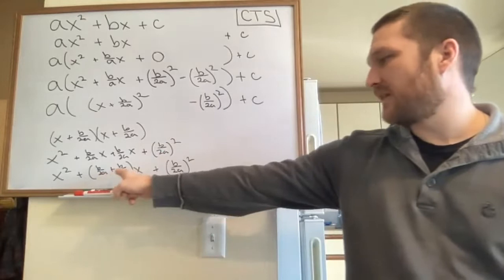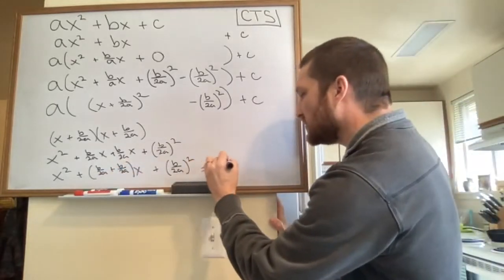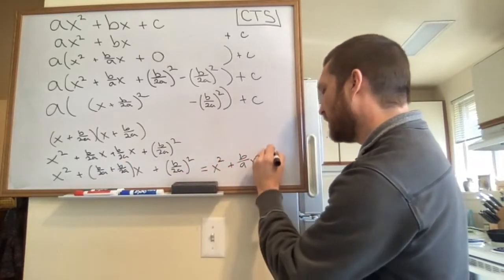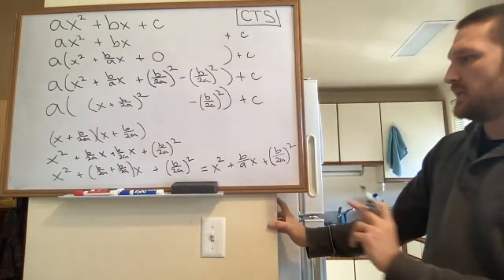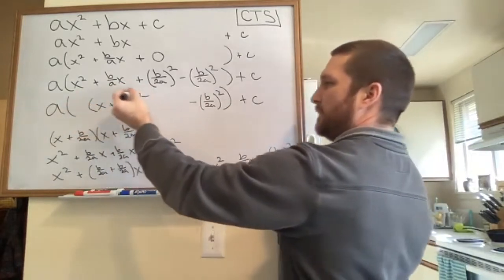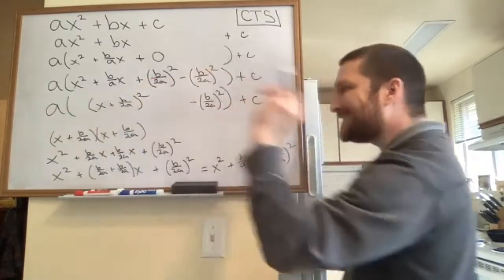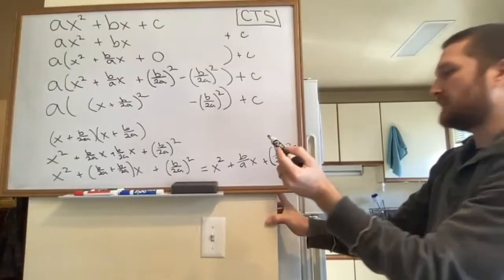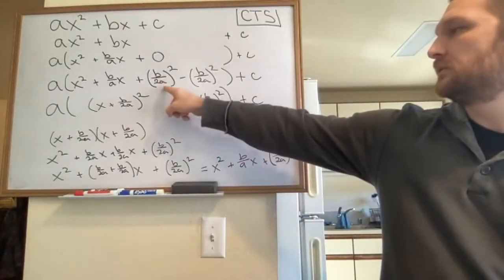A half of something plus a half of something is 1 of something. This works out to b over a x plus b over 2a squared. And yes, so this thing right there, that x plus b over 2a quantity squared, is the same thing as x squared plus b over a x plus b over 2a squared right there.